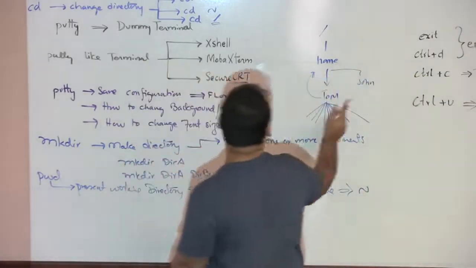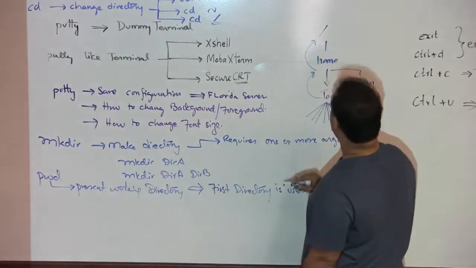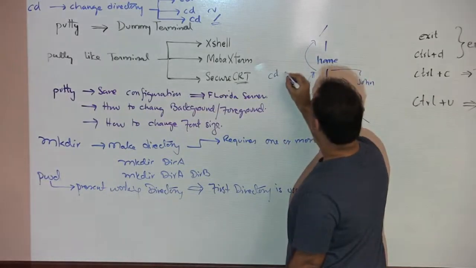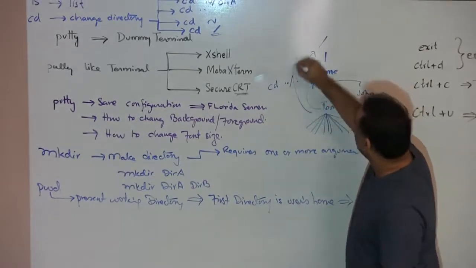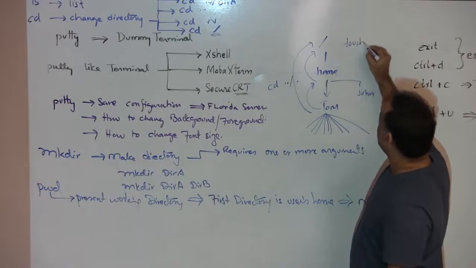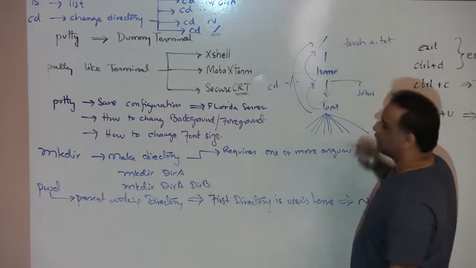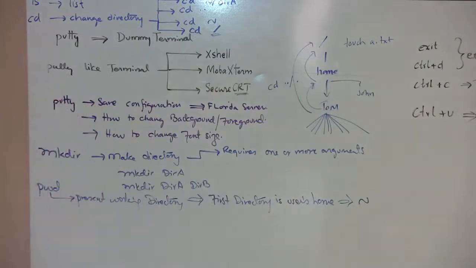Let's say you go up two directories from your home. It will go up, but if you say touch a.txt to create a file, it will not allow you to do that. Let me give you a quick demo.